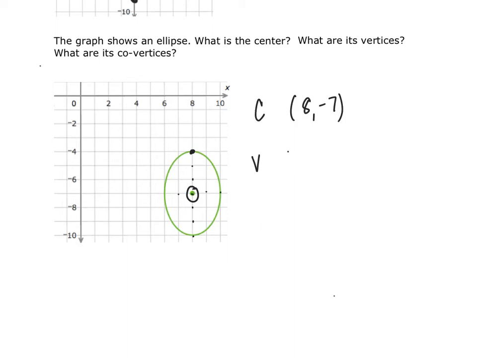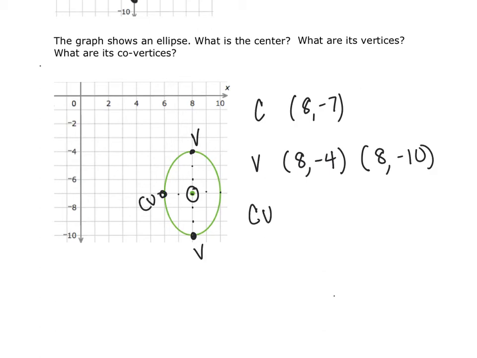So the vertices are (8, -4) and (8, -10). And then your covertices are (6, -7) and (10, -7). Notice that either the x's will be the same or the y's, depending on whether it's the vertices or the covertices.